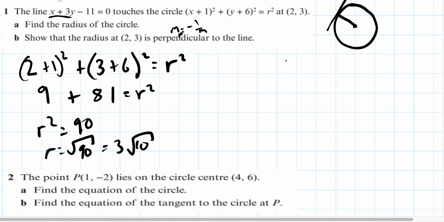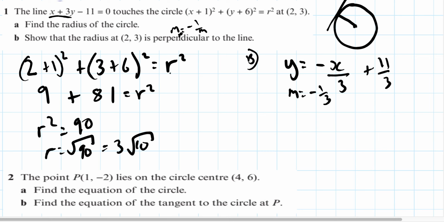If I rearrange that line, y equals minus x over 3 plus 11 over 3. So the gradient of the line is minus 1 over 3. Now I want to show that the gradient of the radius is positive 3. So this is question B, and that was question A.